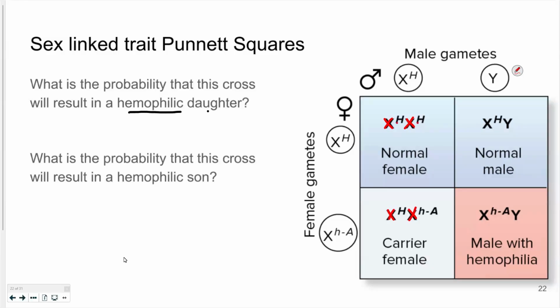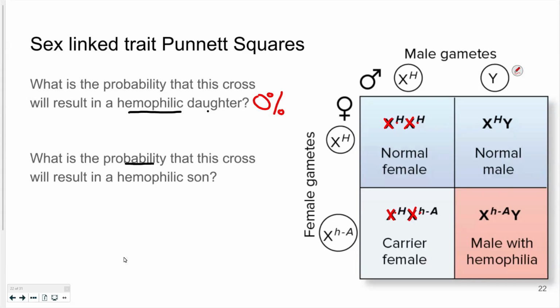Well, this is dominant, this is dominant, this is dominant, this is recessive. So there's a 0% chance that this couple is going to produce an offspring that is biologically female with hemophilia.